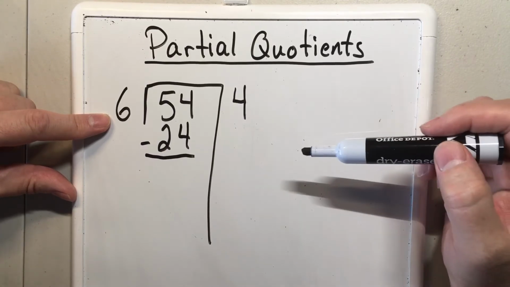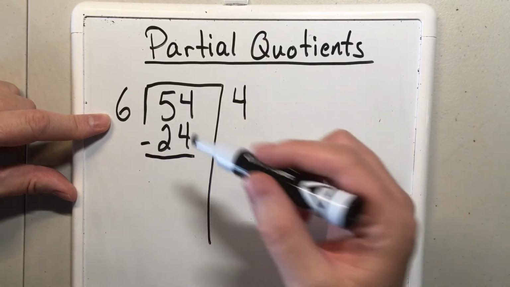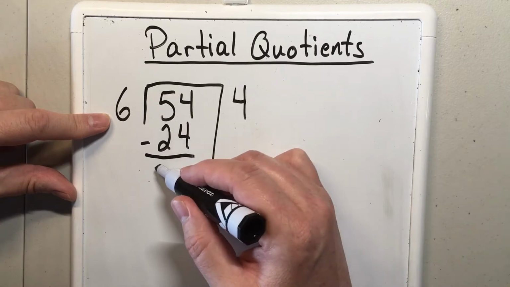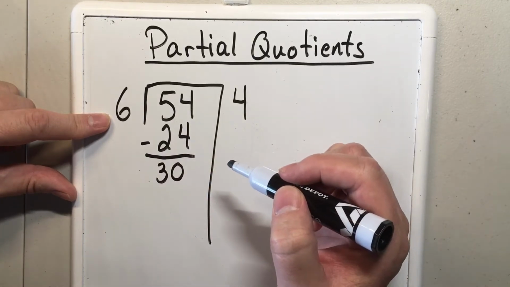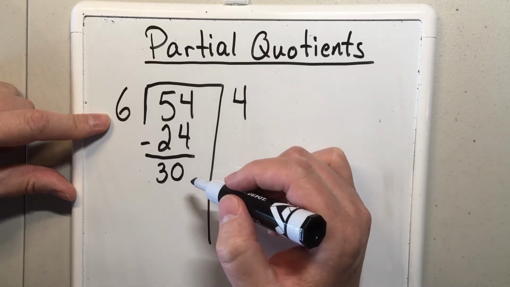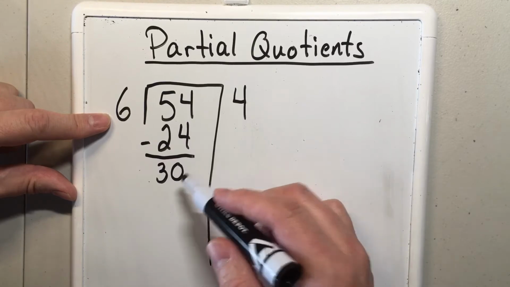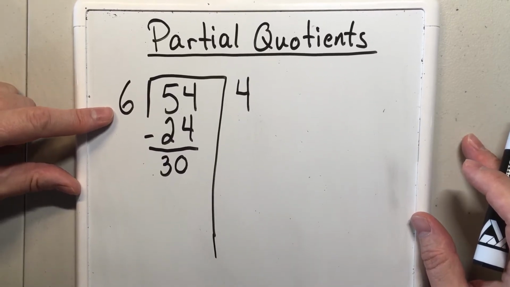That's going to be part of my answer. 4 times 6 equals 24. Now I have to subtract this. 54 minus 24 equals 30. I'm getting closer to the answer. Once I can't divide into it anymore, then I know that's my answer.